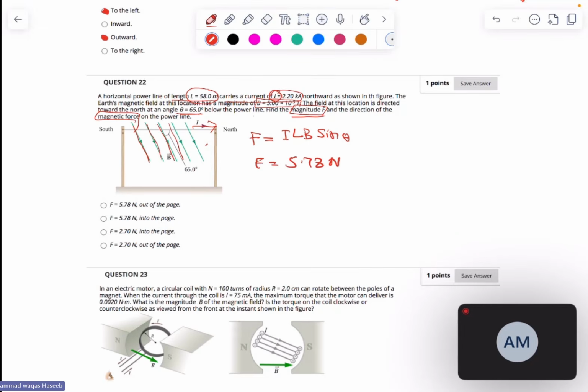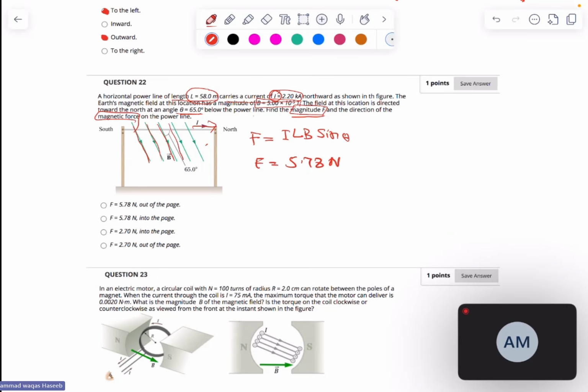Now the direction. How to find the direction? Just apply your right hand rule. So we have inward into the page and out of the page. Your palm will be the force.